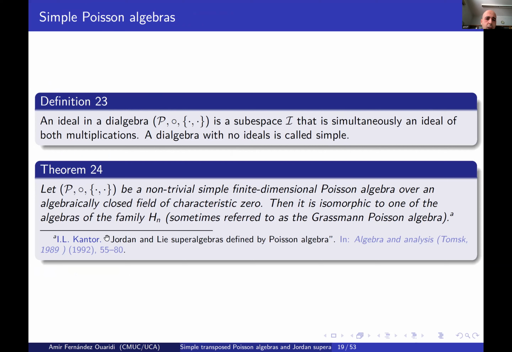Okay, it was proved by Kantor that any non-trivial simple finite-dimensional Poisson algebra over an algebraically closed field of characteristic 0 was isomorphic to one of the algebras of the family Hn. This family is sometimes referred to as the Grassmann-Poisson algebra. Okay, and I'm not going to give the definition of this algebra, but you can find it in the paper.